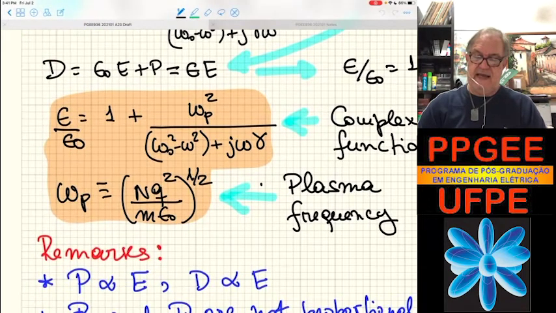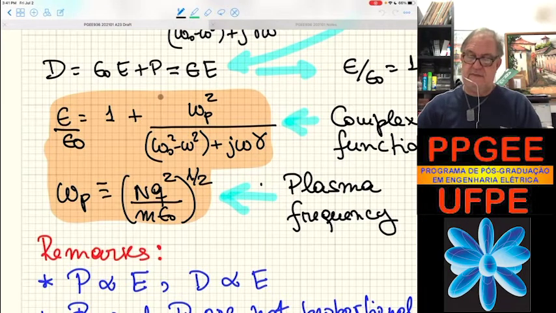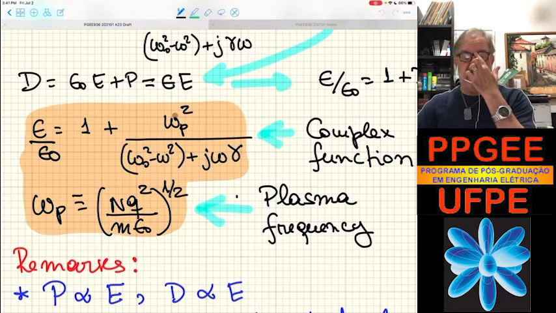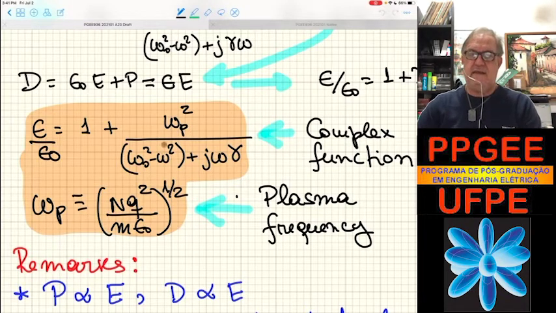So what we have is that the function epsilon over epsilon 0 is 1 plus a parameter we call the plasma frequency squared. This has the dimension of frequency, because you can see here, we can identify by inspection.